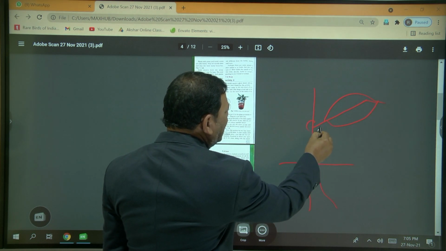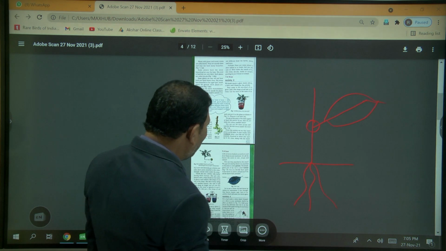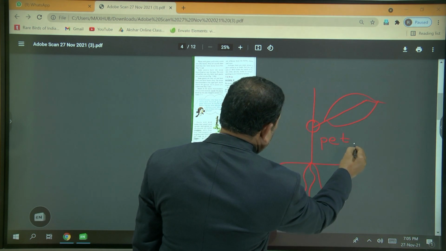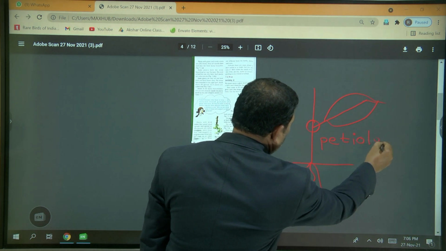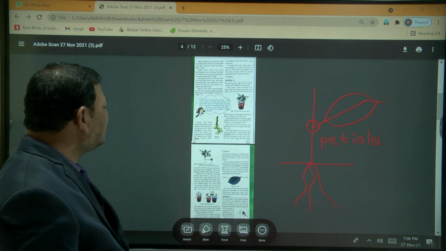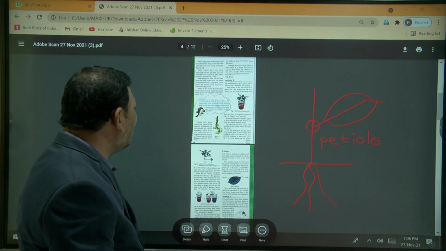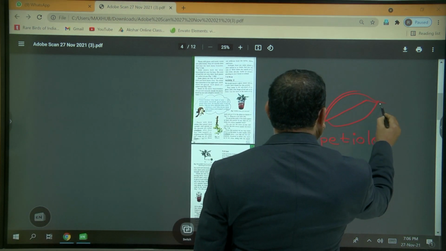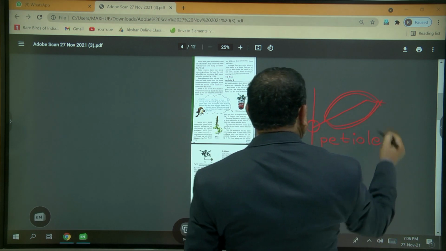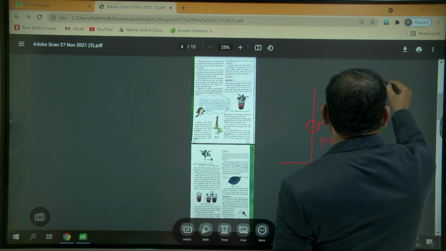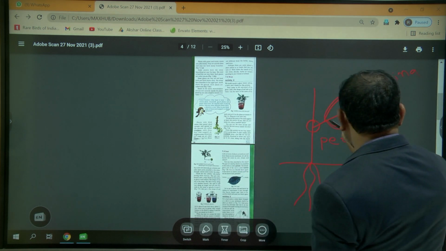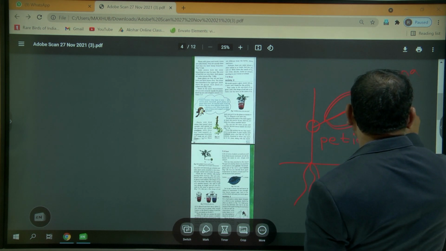This particular part is called petiole. Next, lamina: the broad and green part of the leaf, this total part is called lamina. Next, this complete part is called midrib. Midrib.